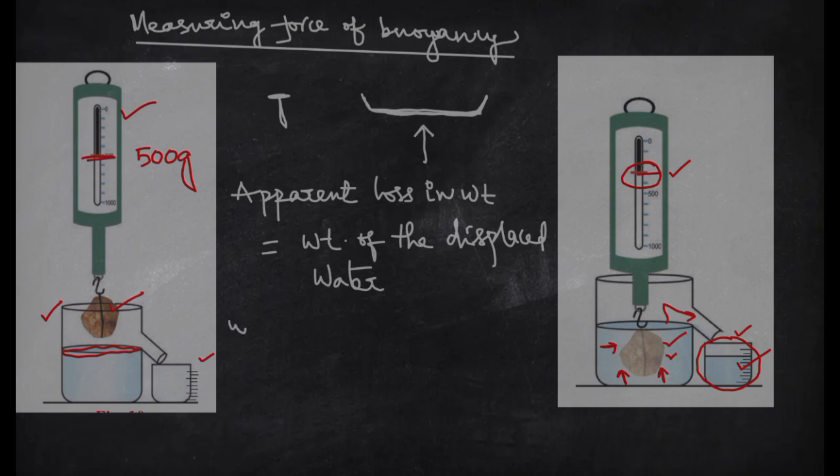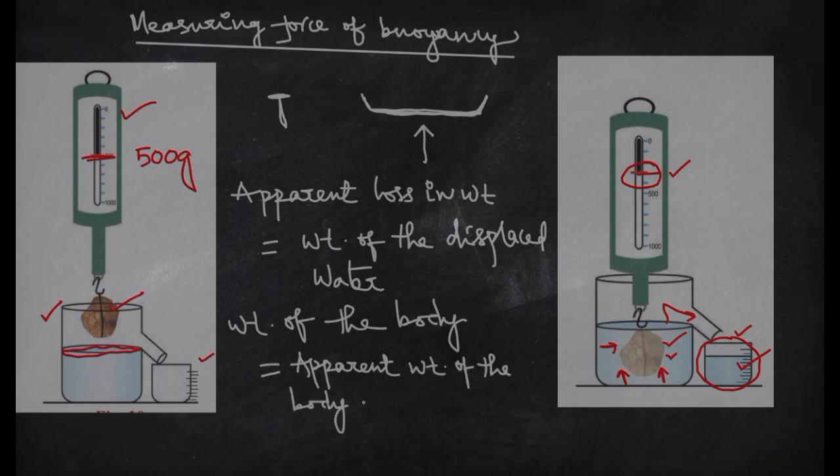So the actual weight of the body is equal to the apparent weight of the body when it is immersed in water plus the apparent loss in weight. This can be measured with the weight of water displaced. The loss in weight is because of the buoyancy, and this buoyancy is equal to the weight of the water displaced.